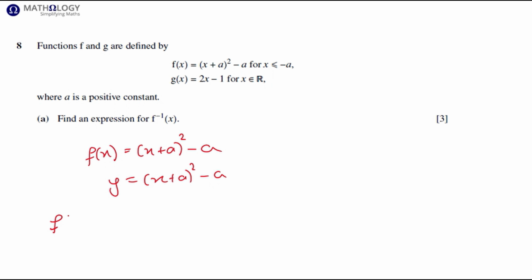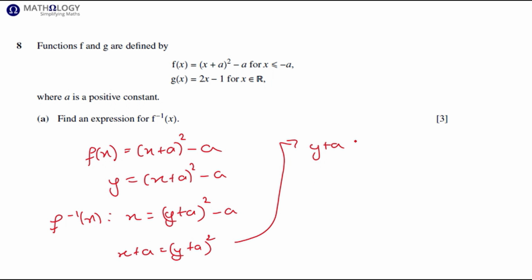To find the inverse function, we just swap x and y. So x equals (y plus a) all squared minus a. And now we're solving for y. So x plus a equals (y plus a) all squared.